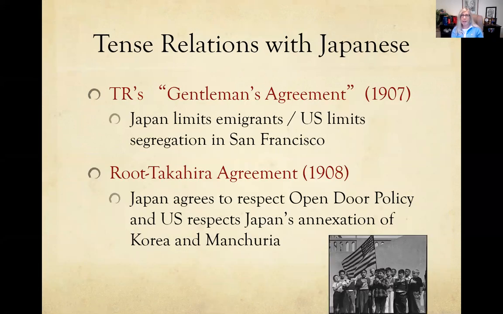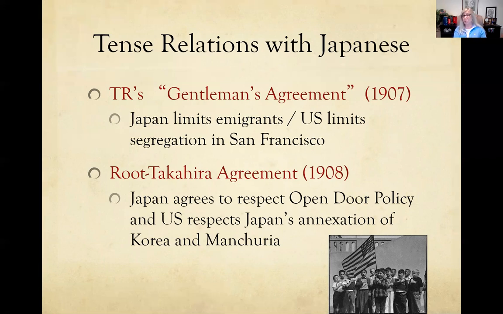So Japan is getting a little frustrated with the competition from the United States. And so a gentleman's agreement is finally negotiated between Roosevelt and Japan, related to the whole issue of the Chinese Exclusion Act.